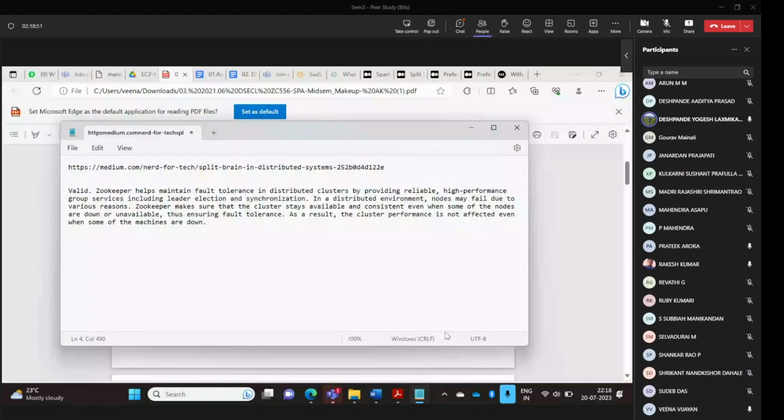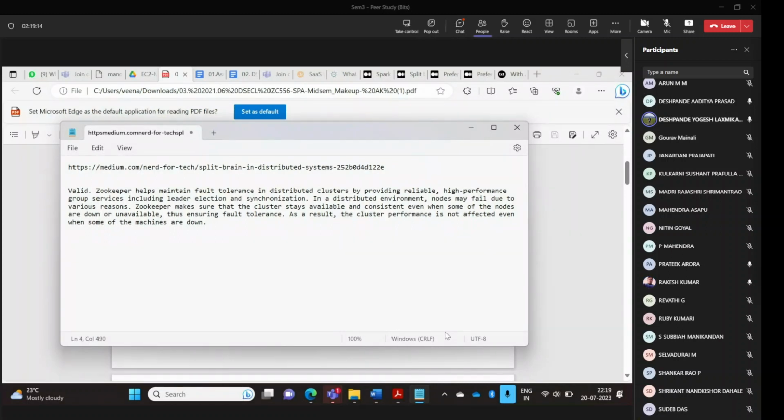It takes care of that algorithm, right? I'm not sure about the leader selection, but it assists in electing the leader node from the group of eligible nodes.